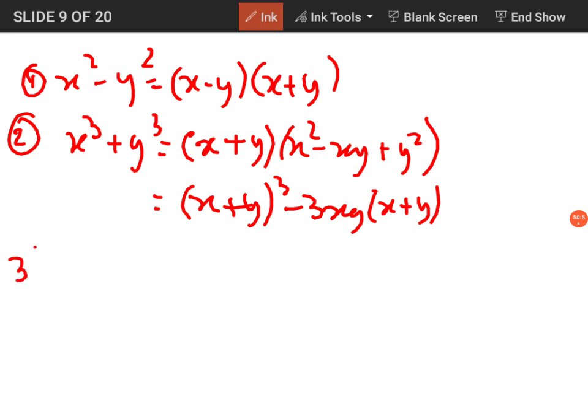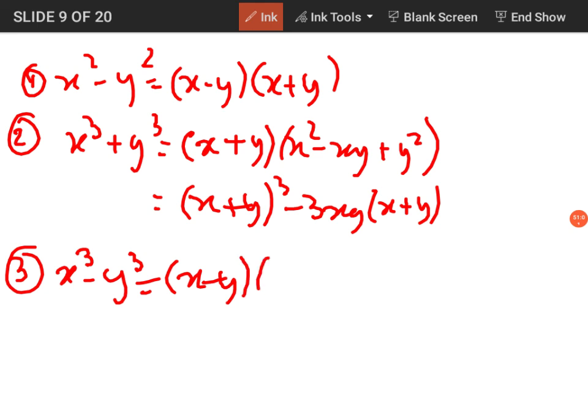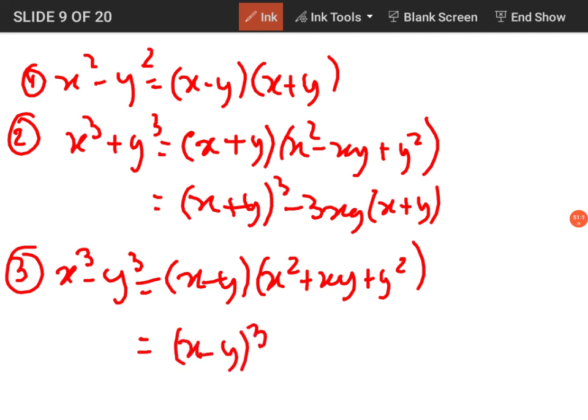Now let's move on to the third one. Third one is x cube minus y cube. Again the factorized form, or this can also be written as correct.